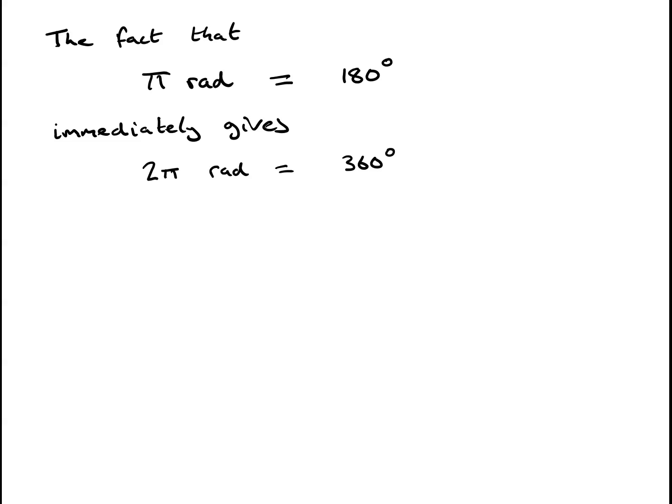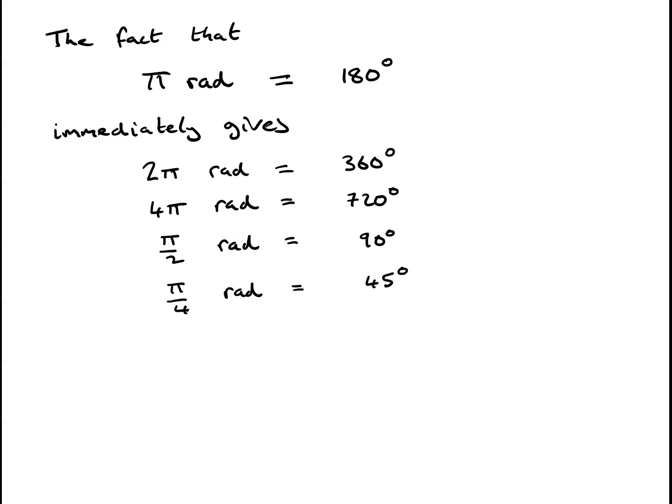For instance, it gives me that 2 pi radians is exactly the same as 360 degrees, that 4 pi radians is 720 degrees, that pi by 2 radians is 90 degrees, that pi by 4 radians is exactly the same thing as 45 degrees, that pi by 6 radians is exactly the same thing as 30 degrees, and that 2 pi divided by 3 radians is exactly the same as 120 degrees.